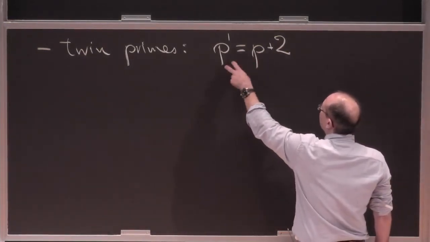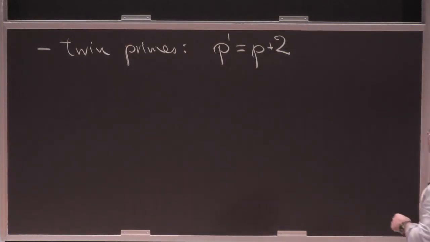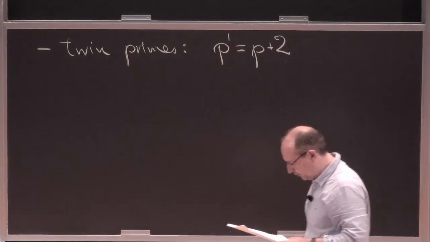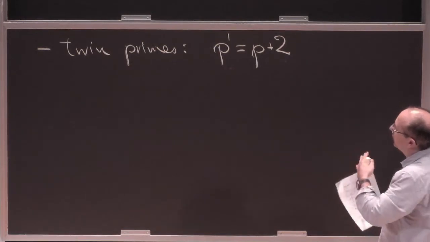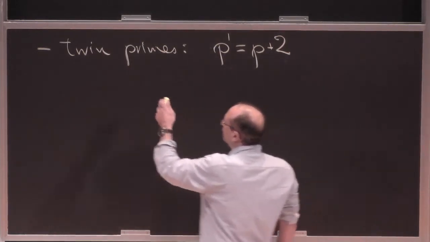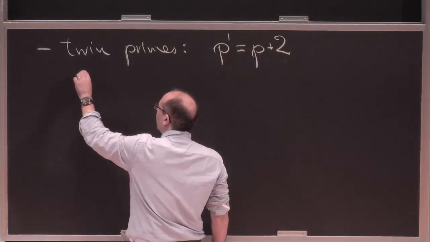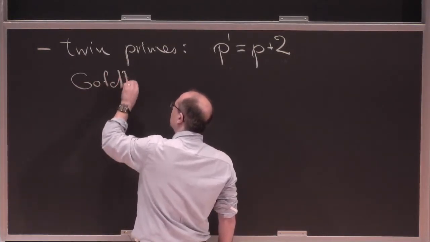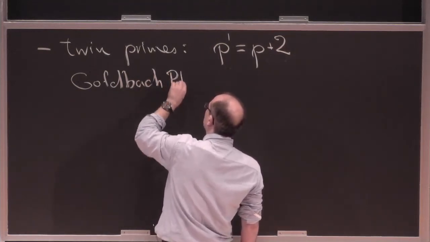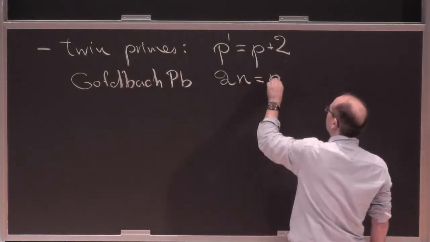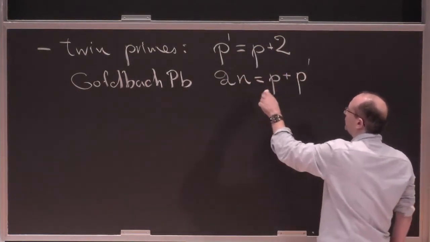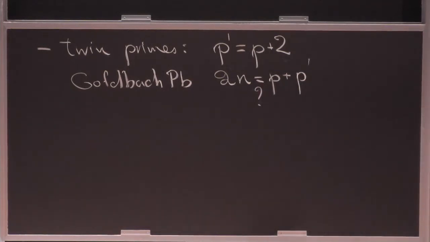You look whether there are infinitely many pairs of primes spaced by 2. And you also have a kind of dual problem, which is in fact earlier than the twin primes, the Goldbach problem, which is the problem of writing any integer as a sum of 2 primes. Can any sufficiently large even integer be written as a sum of 2 primes?